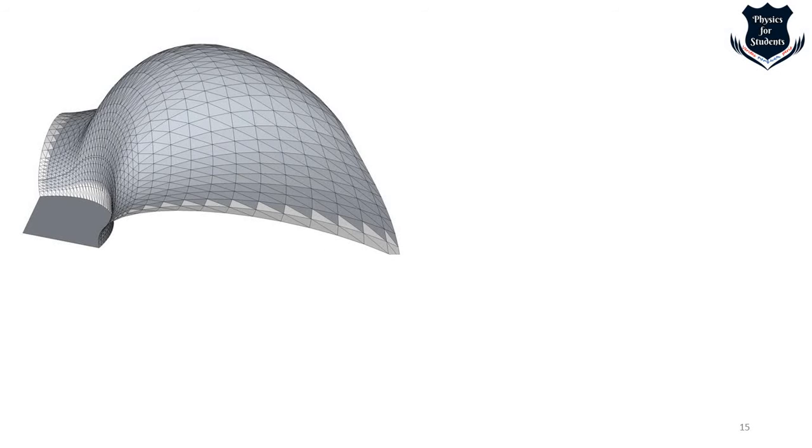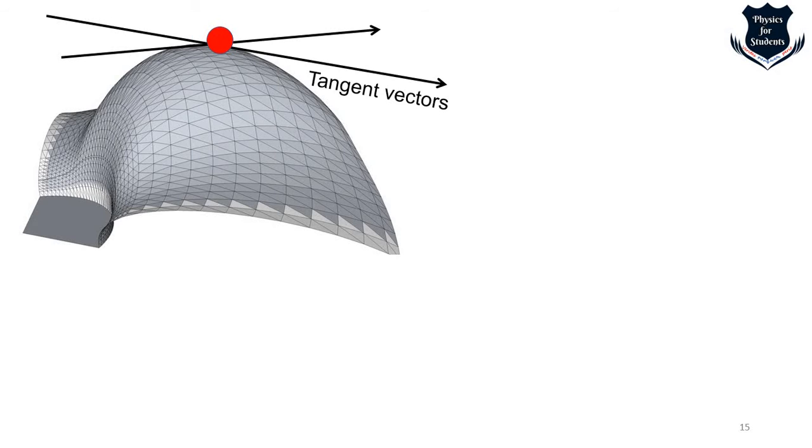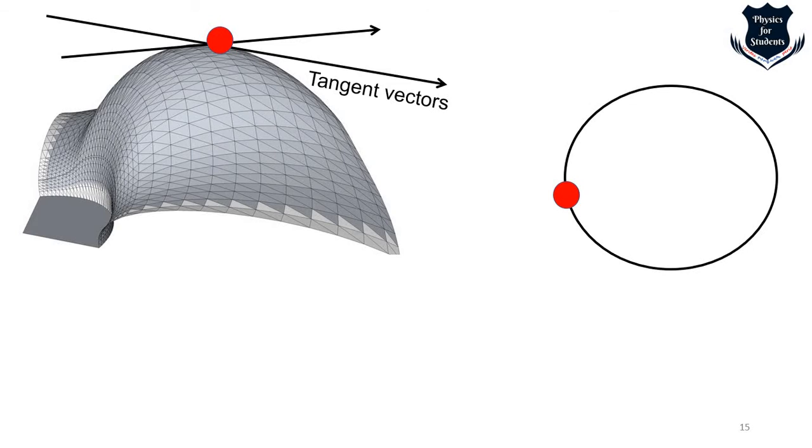Now you see this is a curved surface, and we get a point which I marked with a red dot. How do we calculate that? So we use tangent vectors, right? A tangent vector is a vector that is tangent to a curve or surface at a given point. Even if we get a circle, we can use this tangent vector, right? So why do we need tangent vectors?